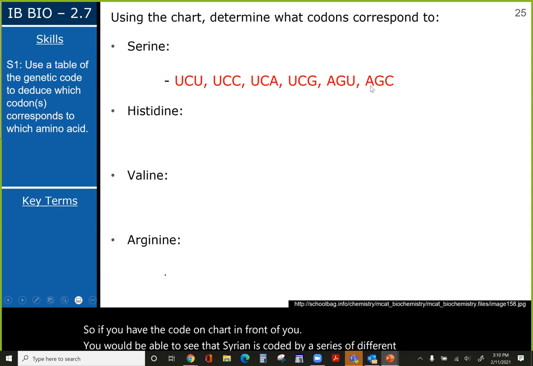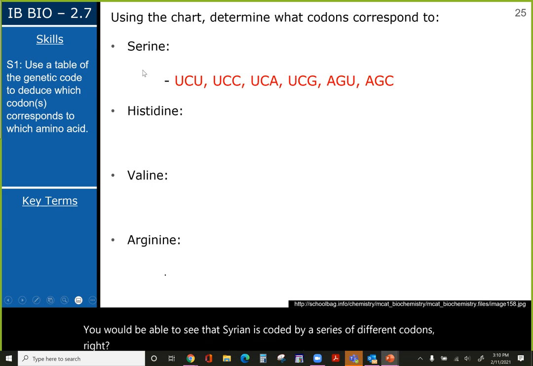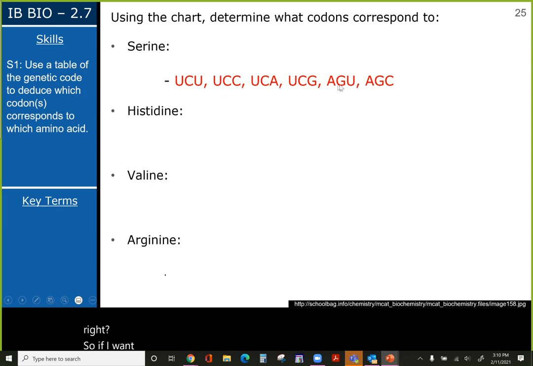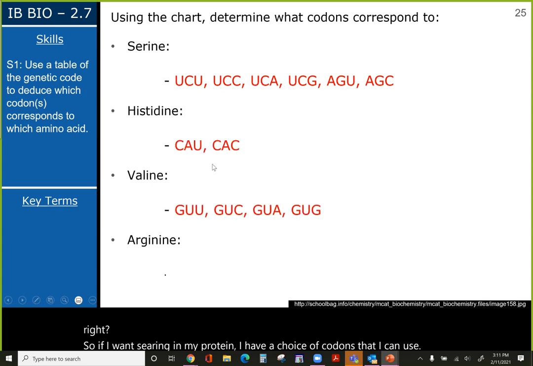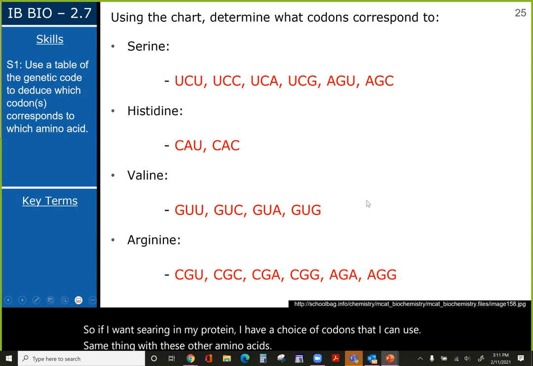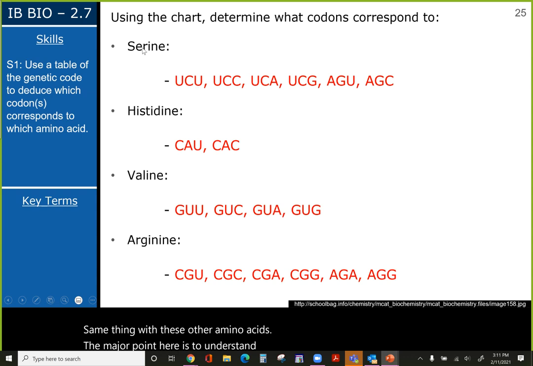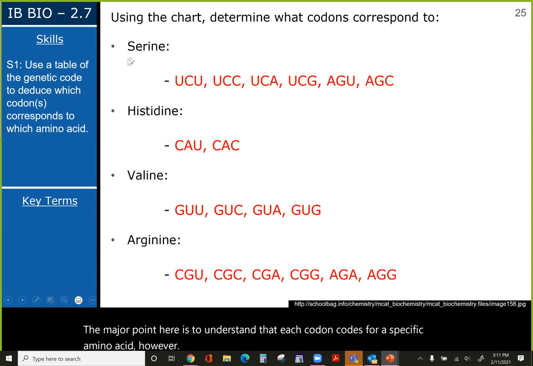So if I want serine in my protein, I have a choice of codons that I can use. Same thing with these other amino acids. The major point here is to understand that each codon codes for a specific amino acid. However, you can get the same amino acid using different codons.